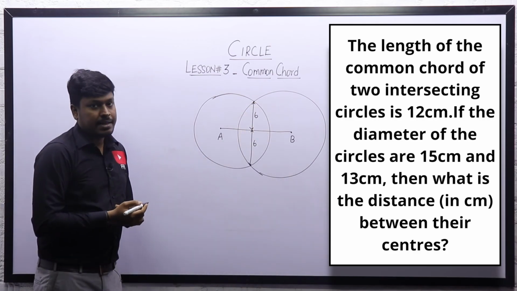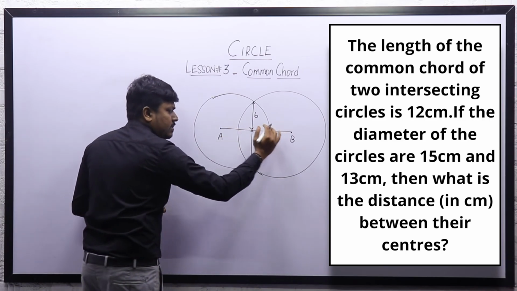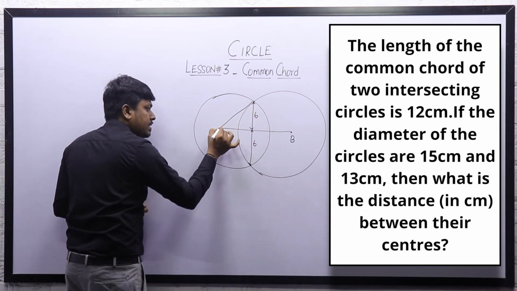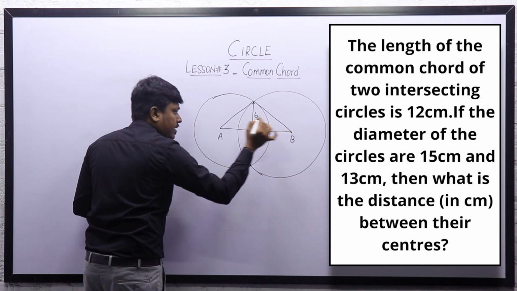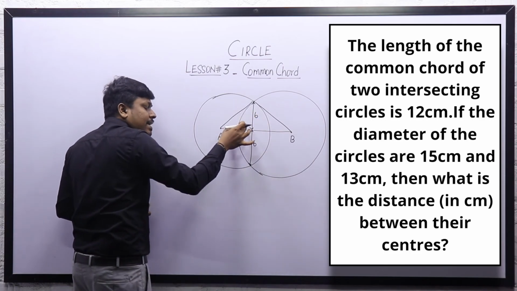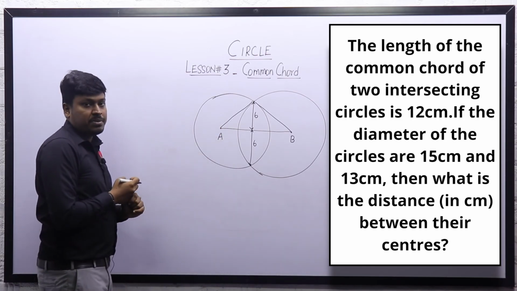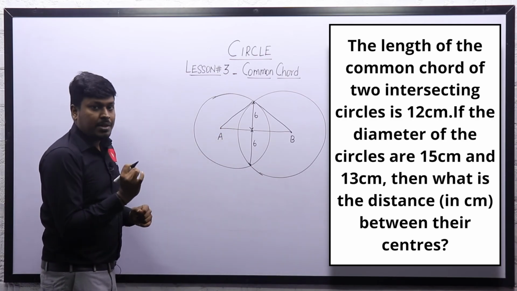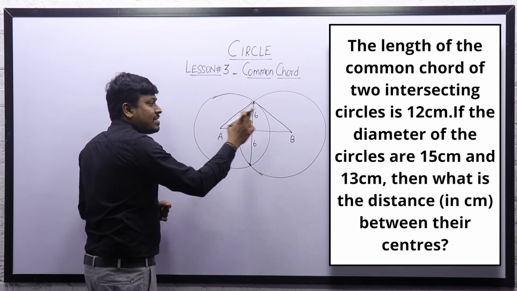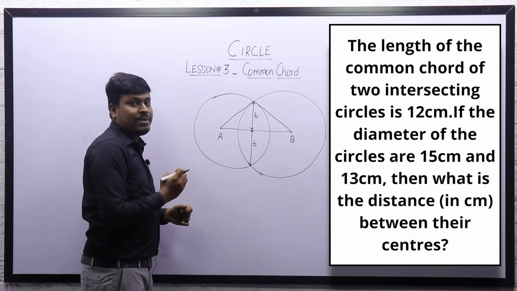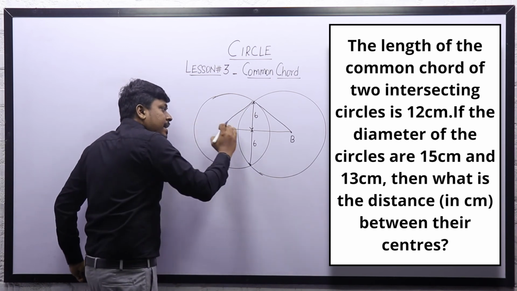So friends, just listen here. Our target is to find this length. So first let me draw one right angle triangle and a second right angle triangle. We can find the answer for the first right angle triangle and the second right angle triangle, and add both these values. But one important note here is the radius of the first circle. The diameter is given, that is 15 centimeter. So the complete diameter is 15.